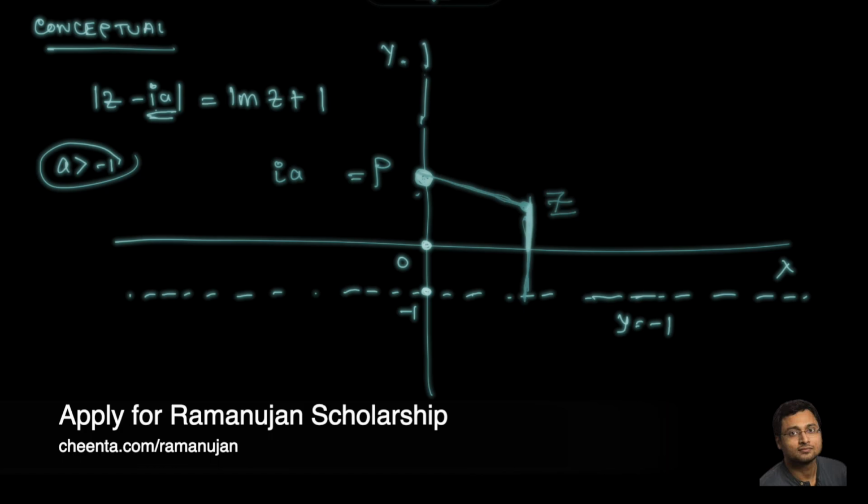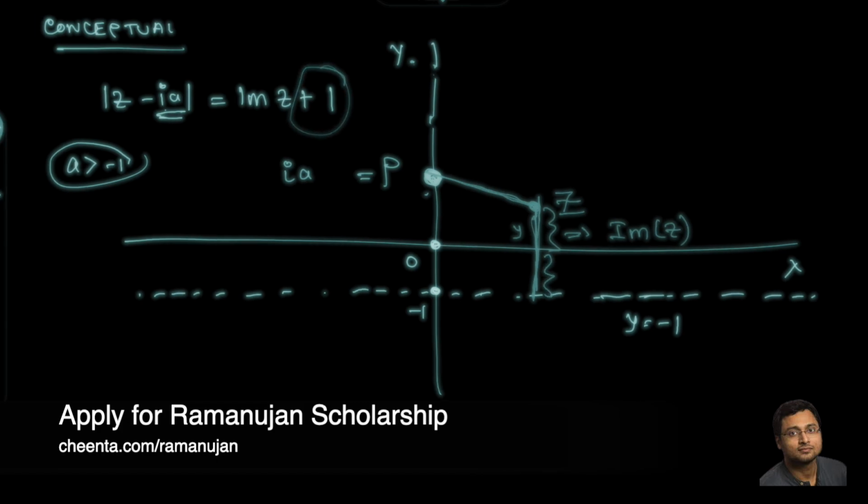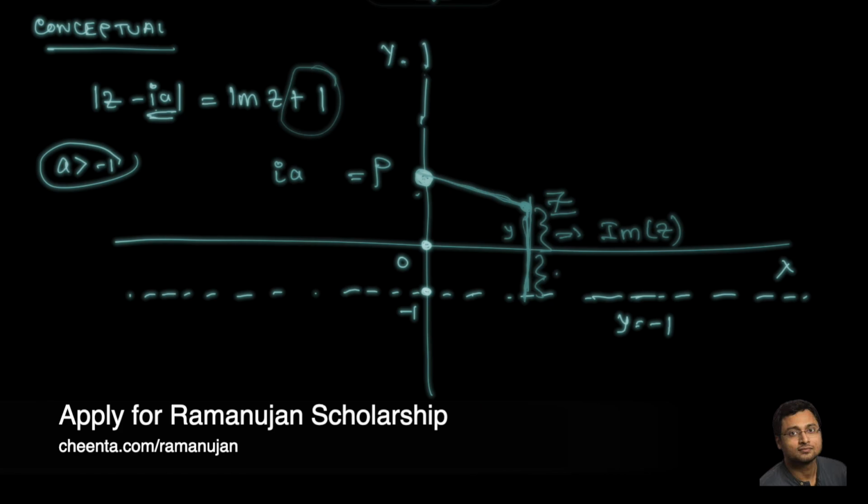Why? Because this little part above the x-axis is the imaginary part of z. That's y. And the +1 tells you the distance from the x-axis to the y equals -1 line. So this is 1. So this entire distance is y plus 1.